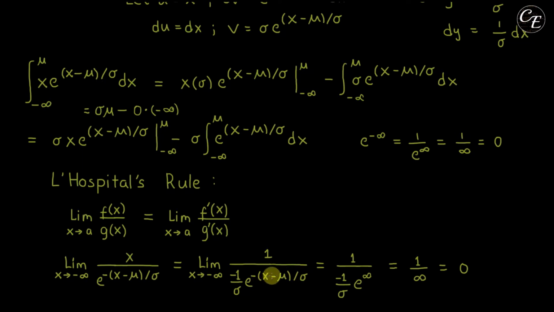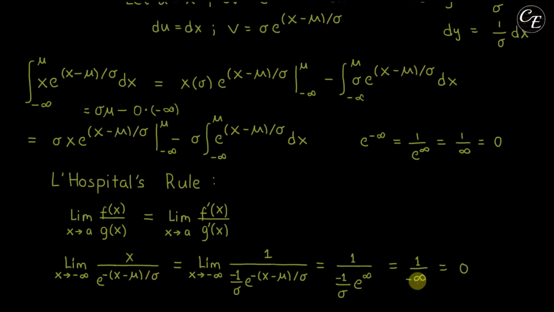And negative of negative infinity is positive infinity, so we have here e raised to positive infinity, which is this one. Then this e raised to positive infinity is still positive infinity, and multiplying this one by negative 1 over a constant which is greater than 0 is negative infinity, so we have here negative infinity.